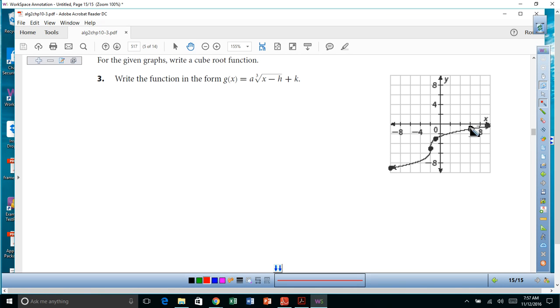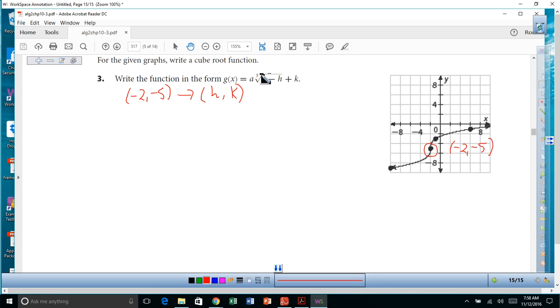That point of inflection is going to be right there. So that's -2, -5. Good.